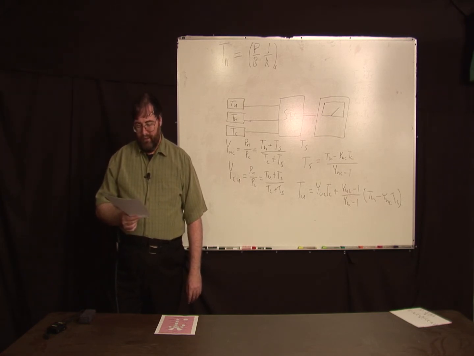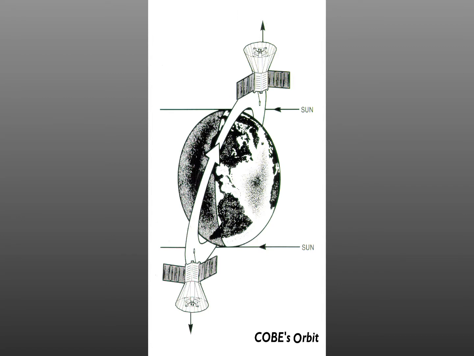If you look at this picture here, it's in a special orbit called a sun-synchronous orbit. As it rotates around the Earth in almost a polar orbit, it's always pointing away from the Earth. And the plane of the orbit is at right angles to the sun.